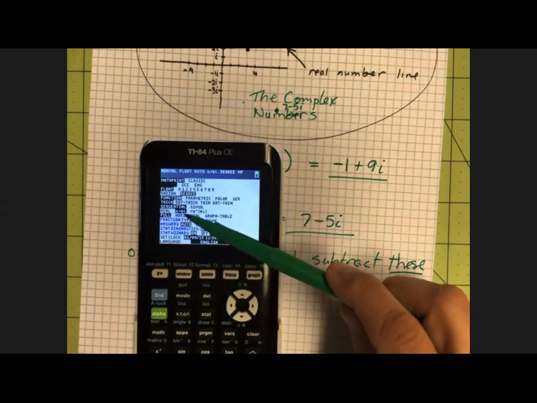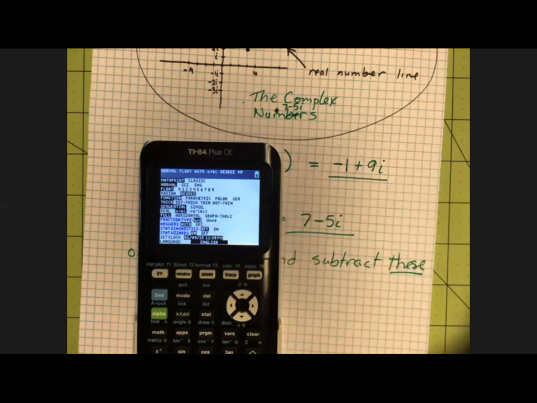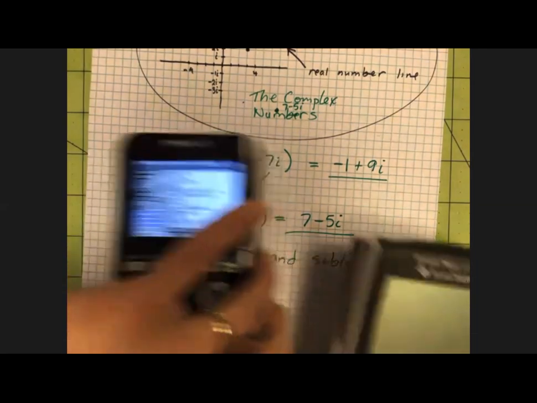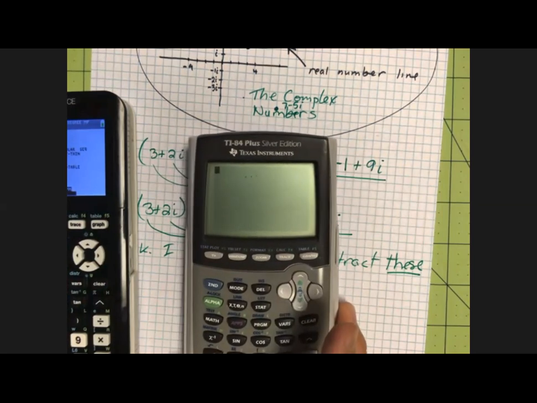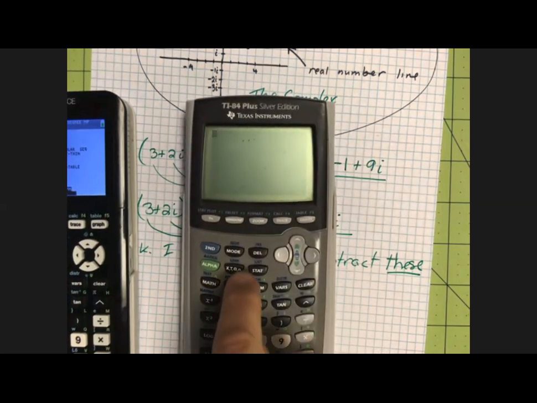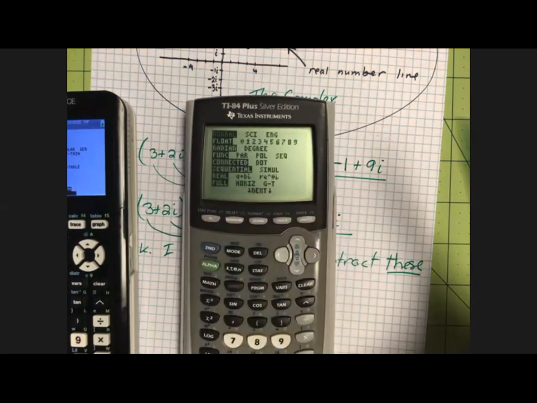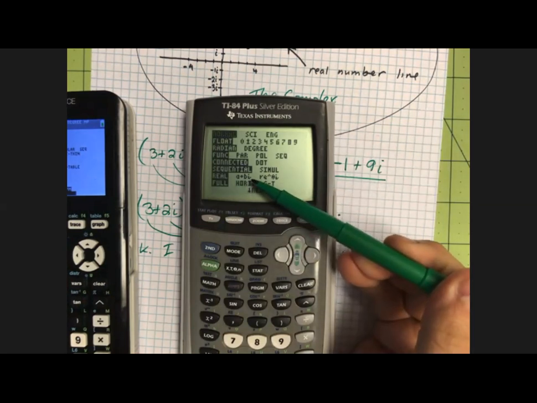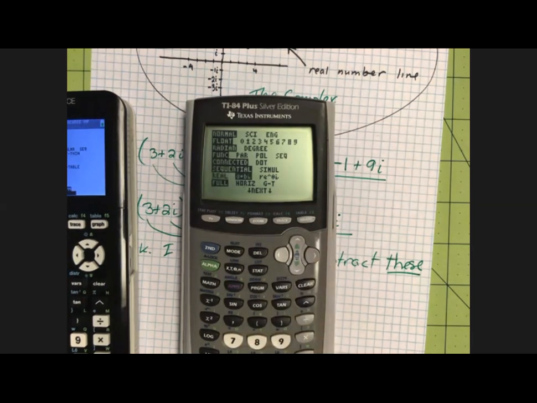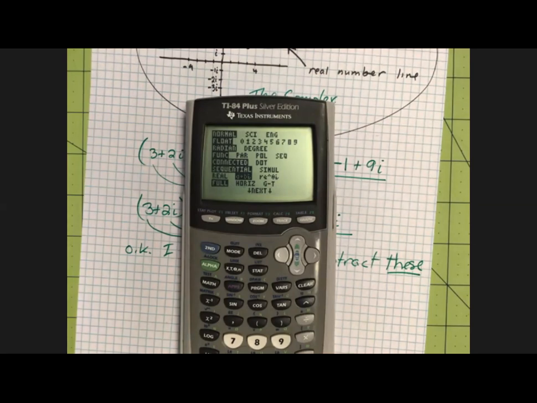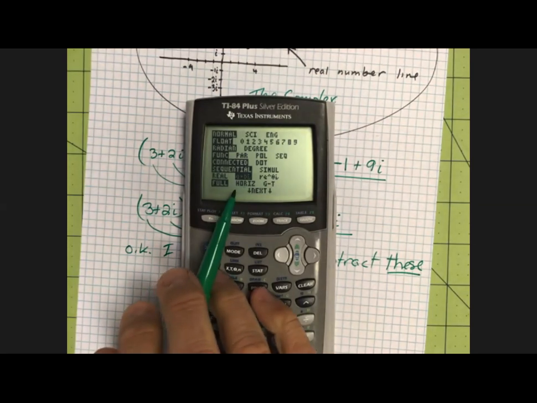And there's something on the screen that looks like a plus bi there. Let me pull up the older looking one in case you want to see that. It shows up a little bit better on the screen anyway. Under mode, it's right there: complex numbers, a plus bi. So if you want to do calculations with complex numbers, just set your calculator into that mode.